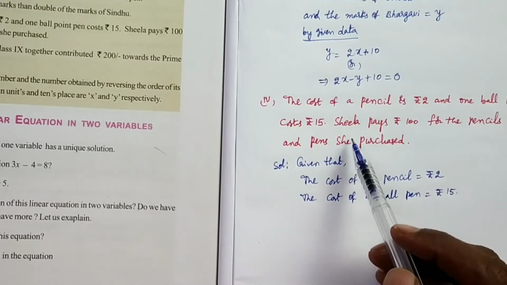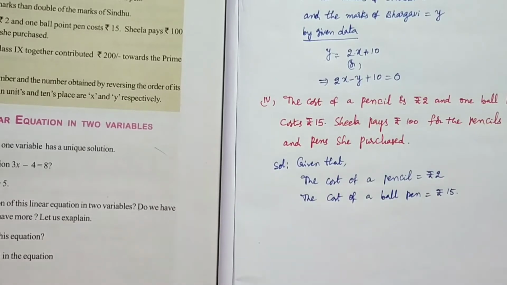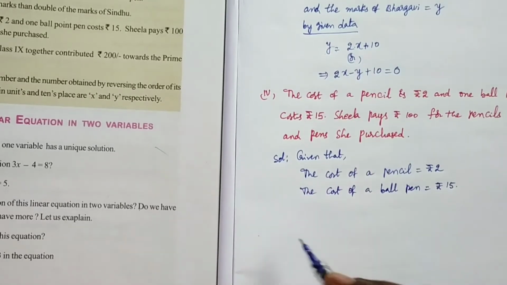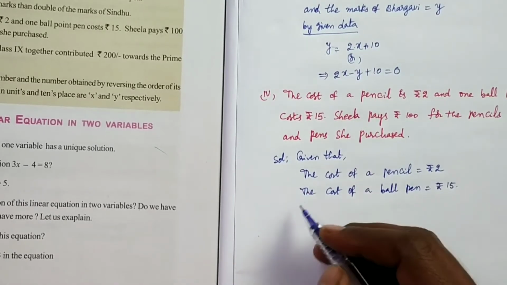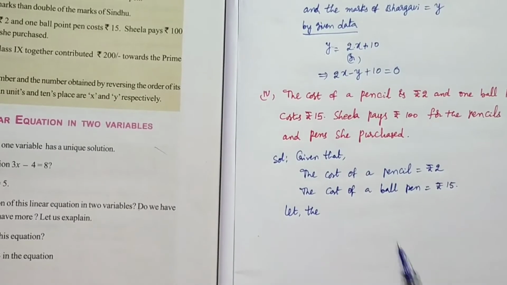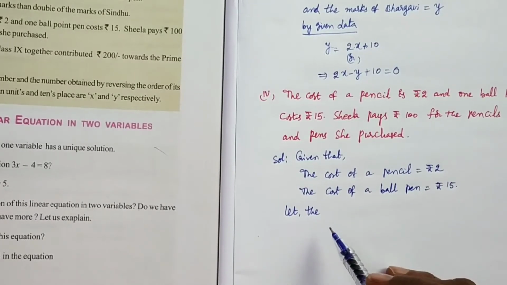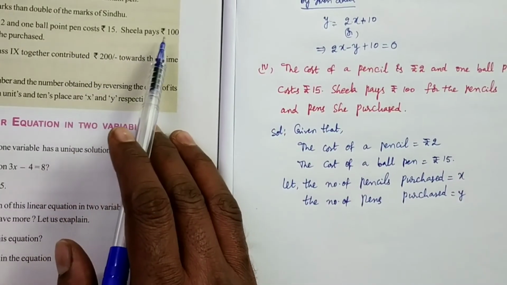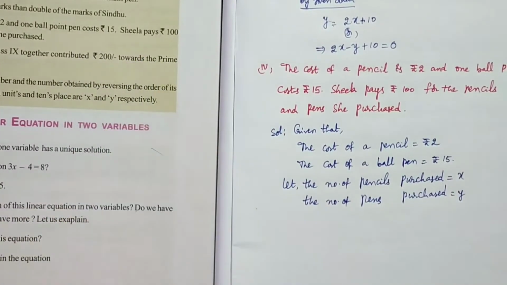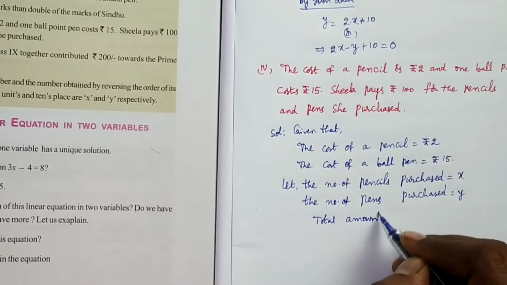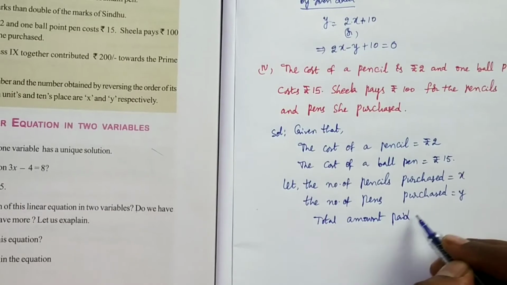Here we don't know how many pencils and pens were bought by Sheila. So let the number of pencils purchased be x and let the number of pens purchased be y. The amount paid by Sheila is 100 rupees. Total amount paid is rupees 100.